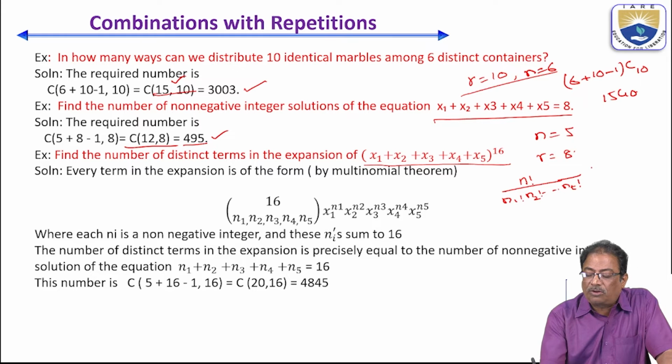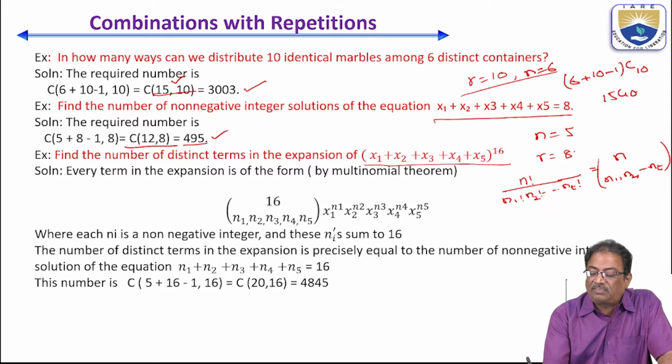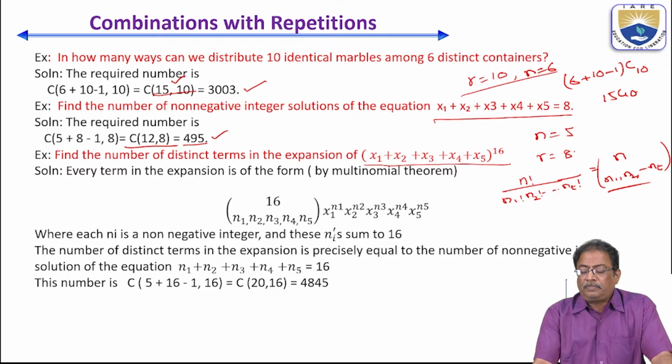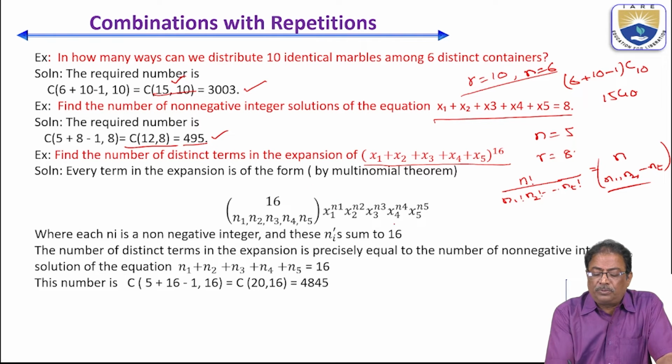This we are going to represent in another form as n choose n1, n2 and so on, nt. So by using this, we write the same thing like this.